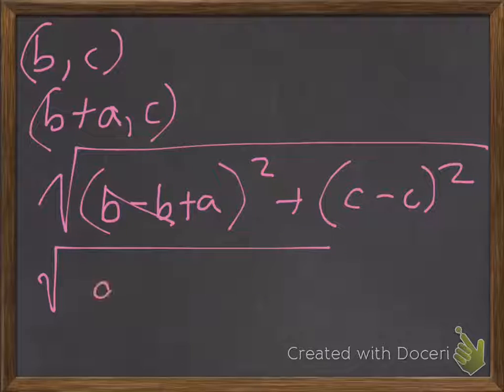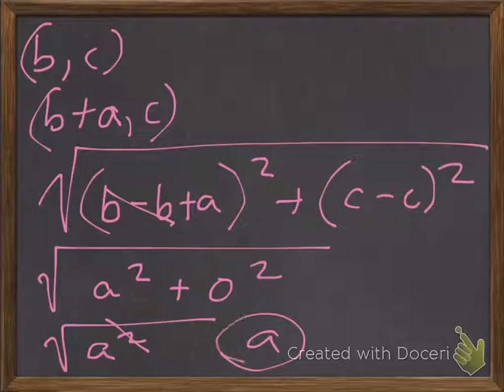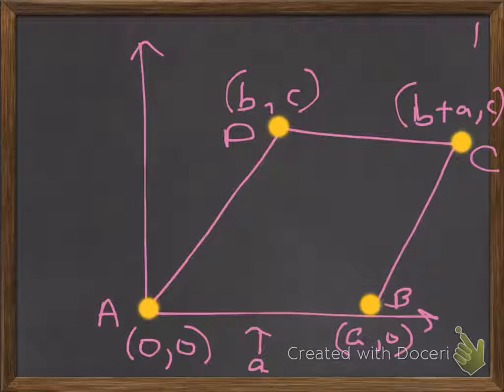These cancel out, so you get A squared, and C minus C is 0. So again, you have A squared plus 0, the square root of that is A. So we know that this DC is also A.